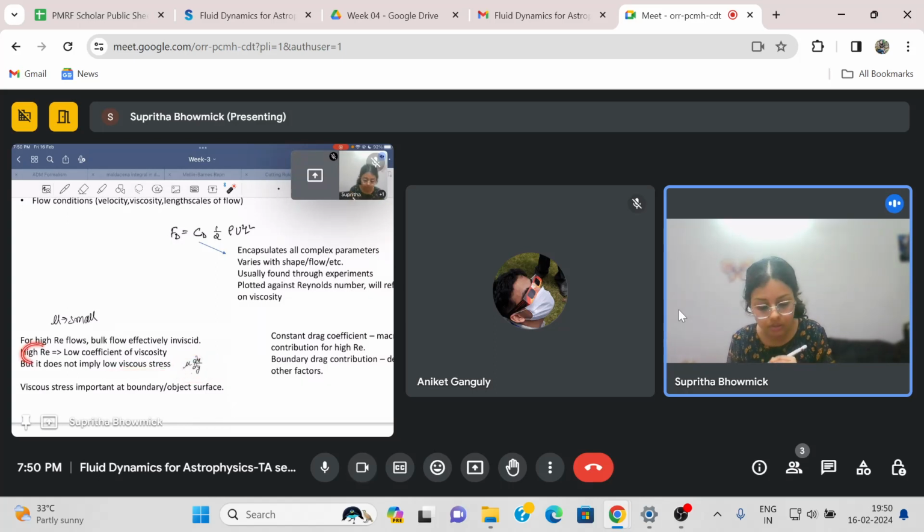So high Reynolds number does not tell you this, because Reynolds number has no dependence on velocity gradients. It just tells you that if you have a high Reynolds number, then in the bulk the flow is effectively inviscid. But it does not tell you that the viscous stress on the solid object is low.